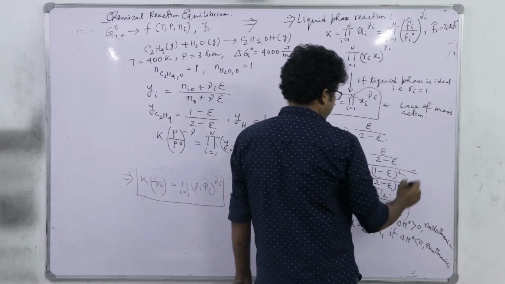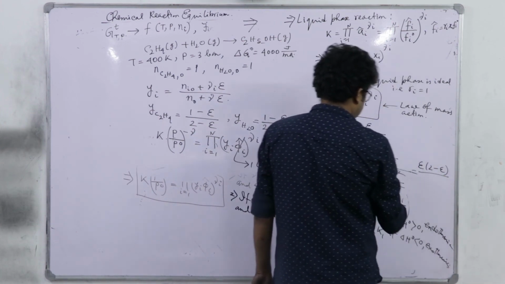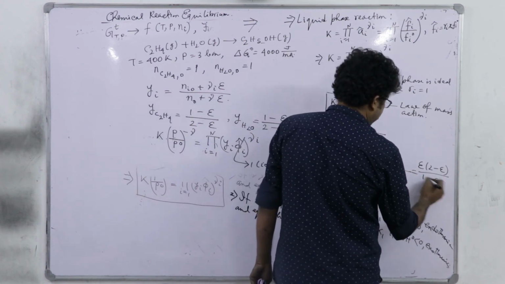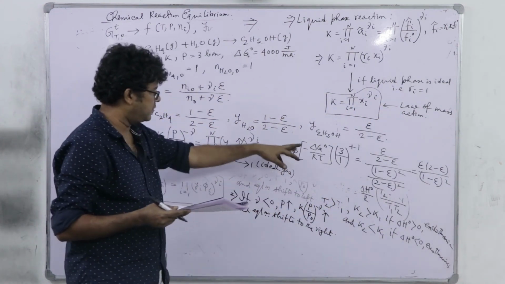So, it results in epsilon into 2 minus epsilon divided by 1 minus epsilon square. It is asked that you have to generate this expression.